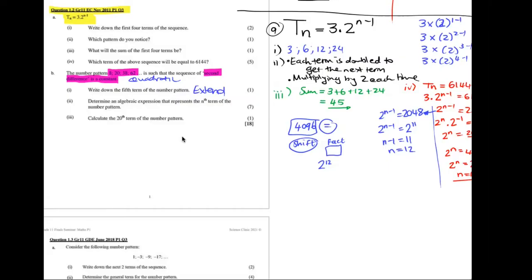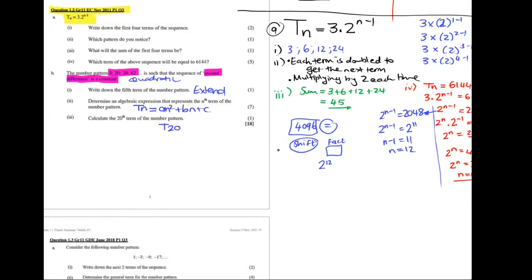What they are actually asking for is to calculate Tn, and because it's quadratic, remember that is an squared plus bn plus c. And then the third part says, calculate the 20th term. In other words, calculate T20.